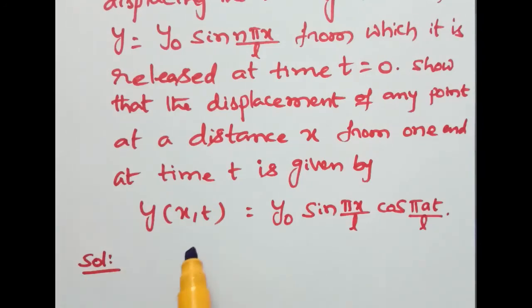Now write down the one-dimensional wave equation. And one more change: you observe that in the solution here, A is used instead of C. So we will also take A instead of C in the one-dimensional wave equation.